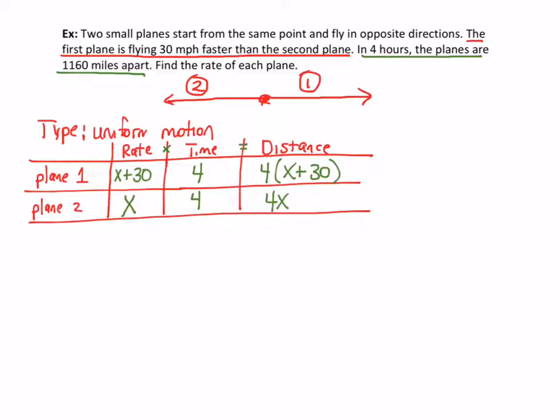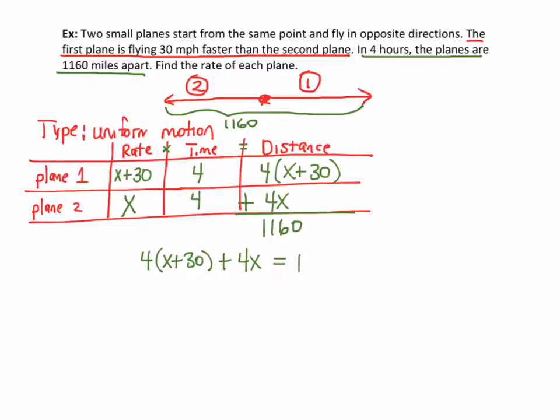The final thing that we know is the total distance apart after 4 hours is 1,160. So if you add these two up, you should get 1,160, the two distances that they traveled. So 4 times x plus 30 plus 4x equals 1,160.